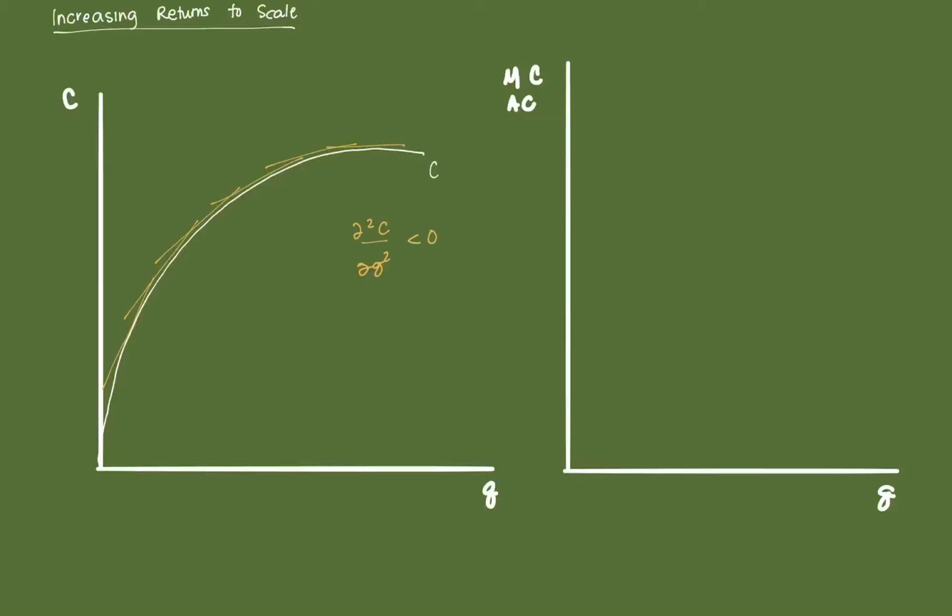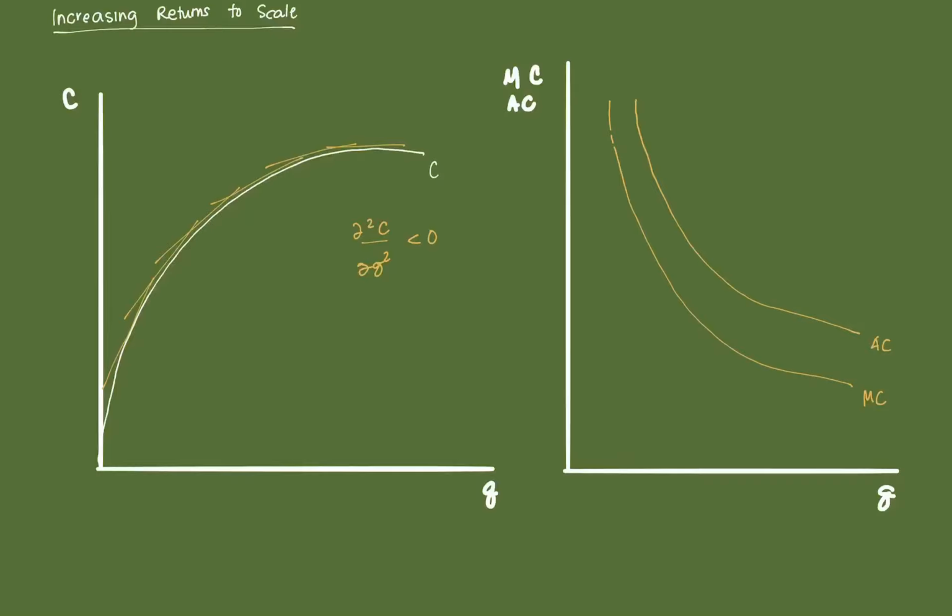Under increasing returns to scale, you're gonna notice that AC looks like that, and MC looks something like that. If we just graph it in another graph, what you'll notice is that AC is greater than MC, and that's how it's gonna look like under increasing returns to scale.